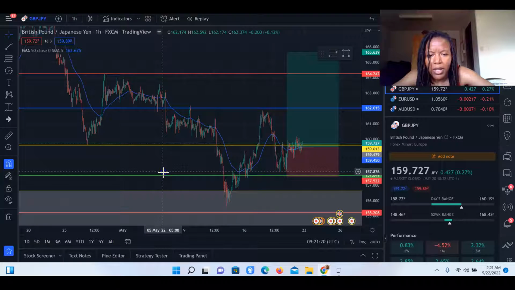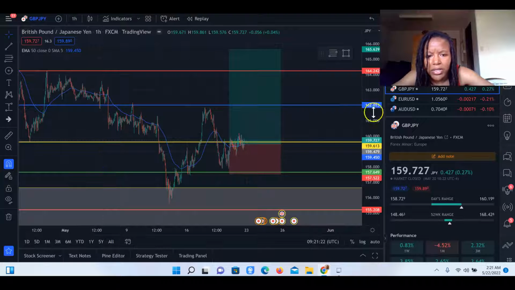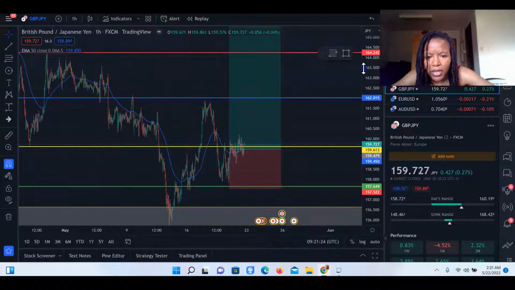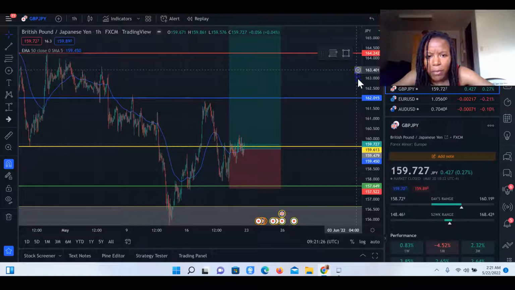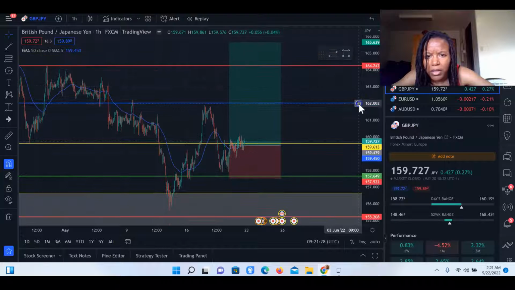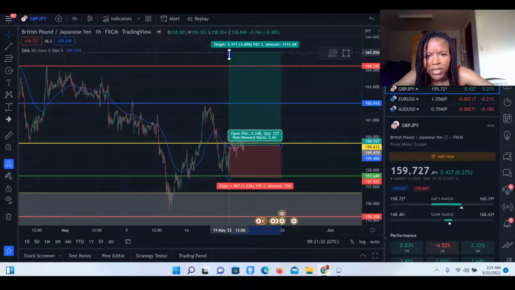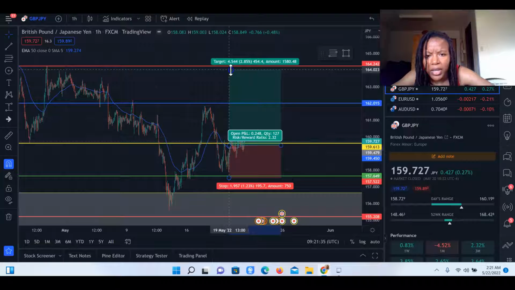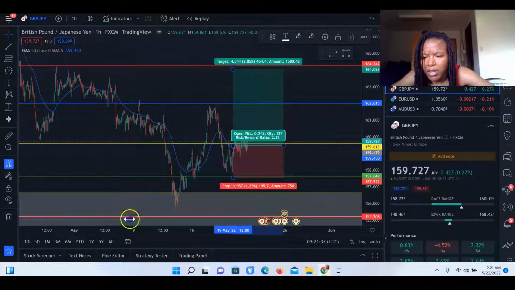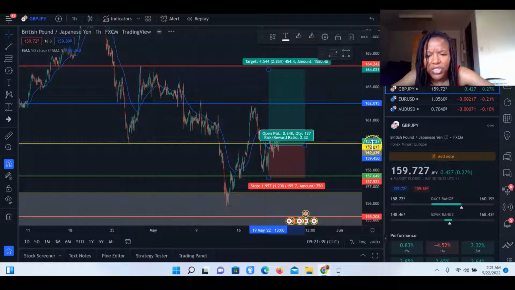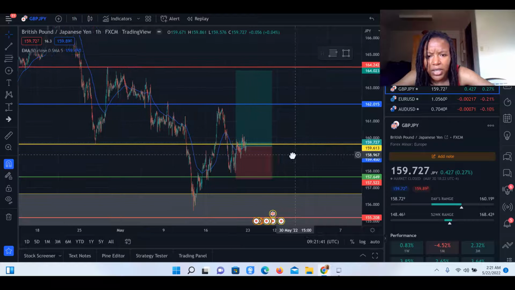And I know y'all like, oh my God, her chart is crazy. All right, so we're looking for price to go up there. We have our price point. If we want to be more conservative, we can bring it down here, and we could always adjust if we need to.